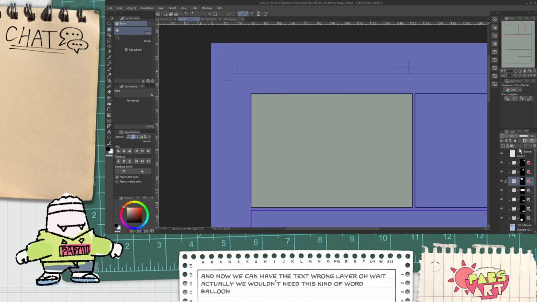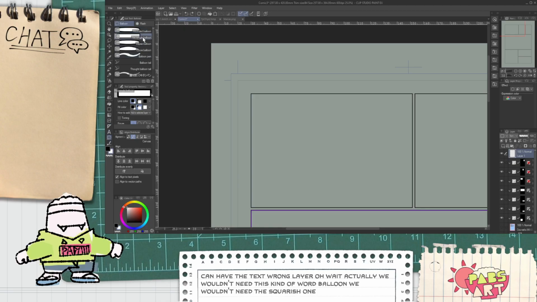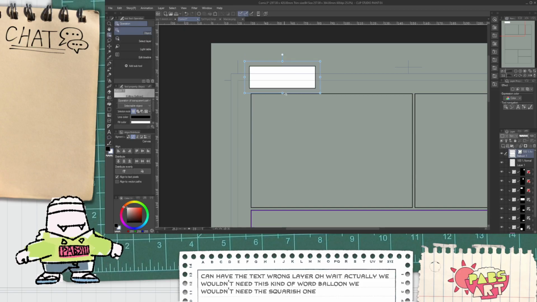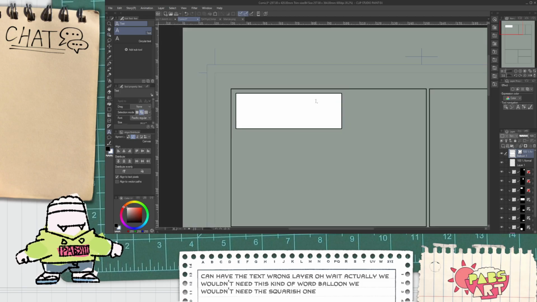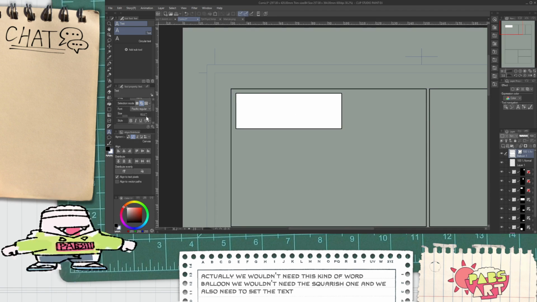We would need the squarish one. And we also need to set the text size back to 14.